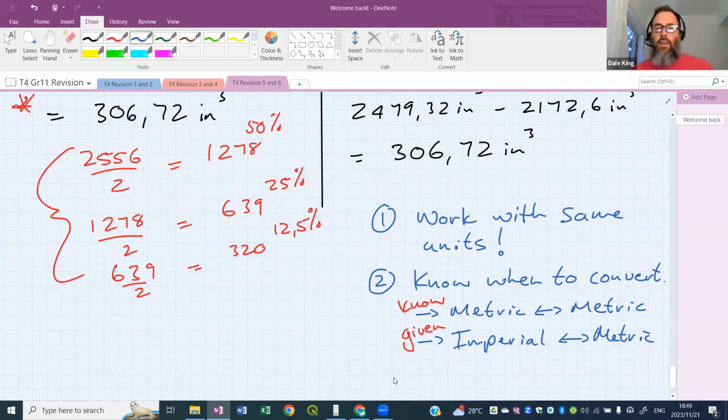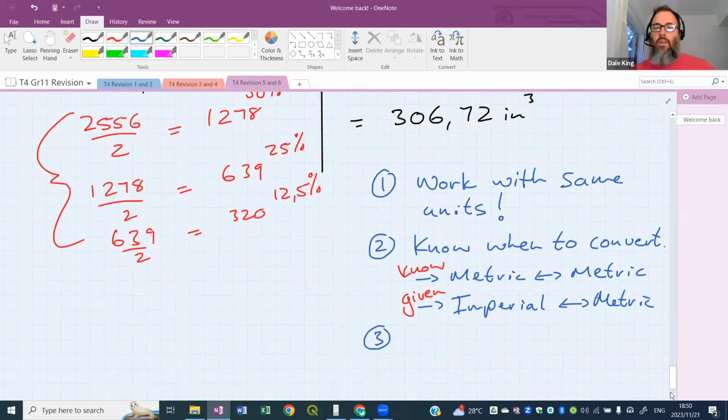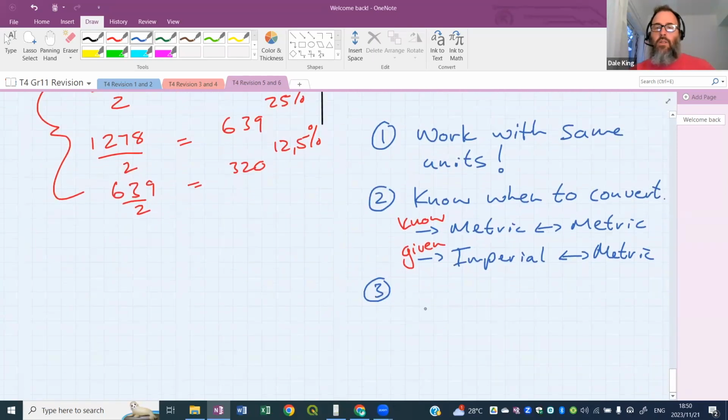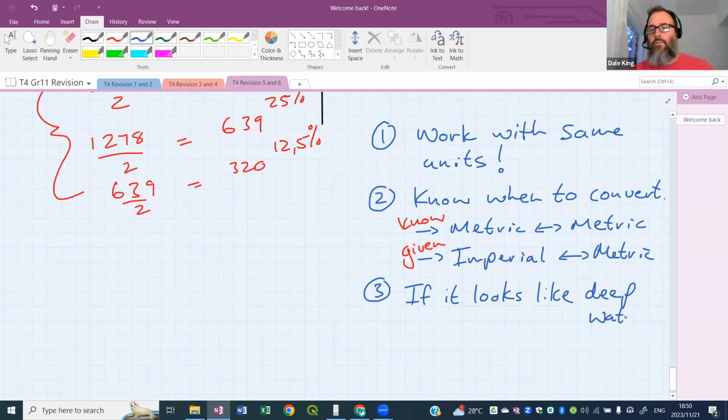Yes. All right. That's a very, very, very good tip. So what I suggest is, if it looks like deep water, what do you do?